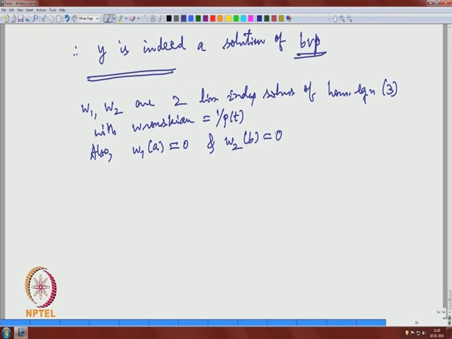Okay. So, if there are more general boundary conditions, you have to choose W1 W2 appropriately.